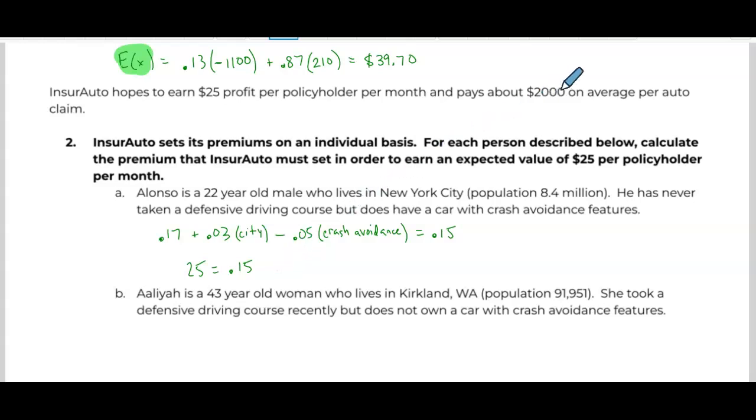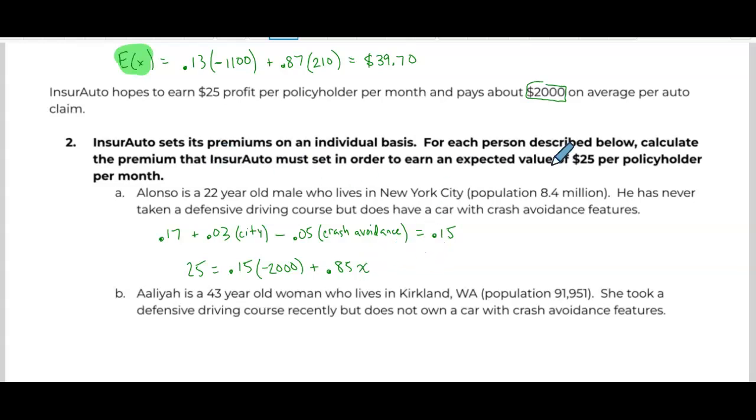And it says here they pay an average of $2,000 per claim. So 15% of the time, this driver will cost the insurance company $2,000. And that means 85% of the time, they're just going to collect his premium. And we want to know what premium they should charge, so we'll leave that as X.